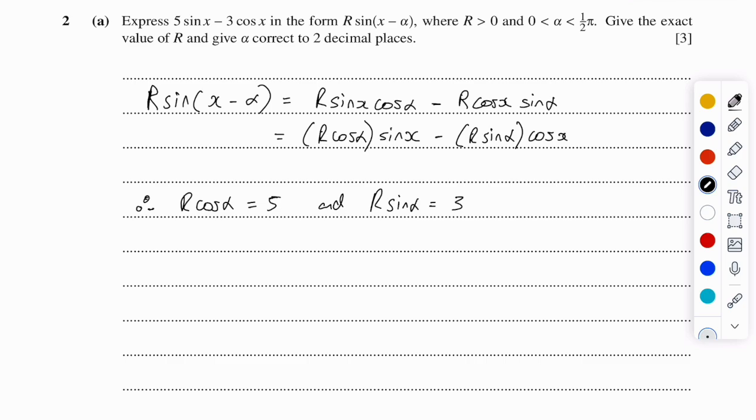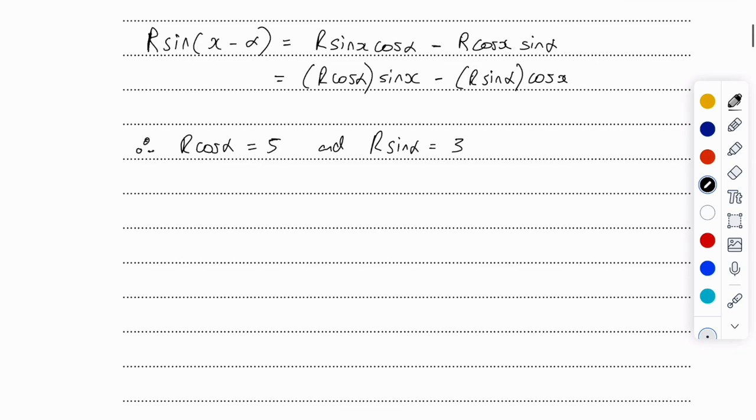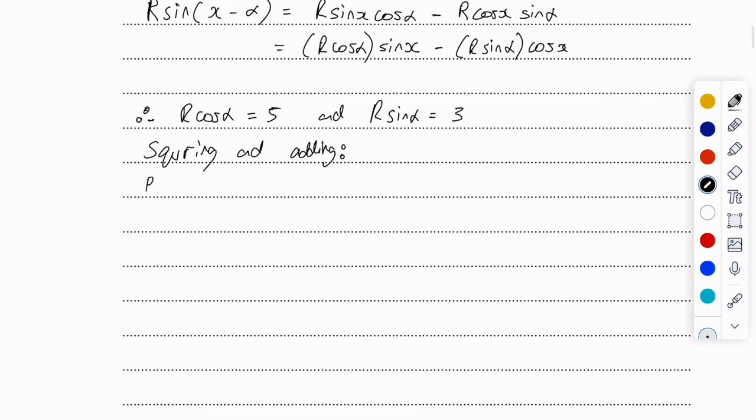Now, what can we say? Well, one way to actually do this is we can square and add. If we square and add here, we get r squared cos squared alpha plus r squared sine squared alpha.